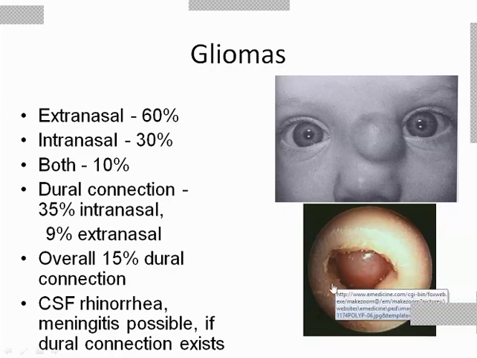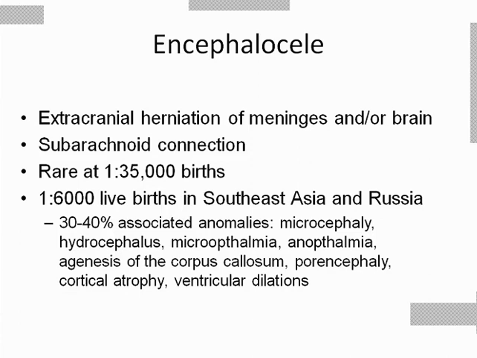Coming to the encephalocele. So encephaloceles are the extracranial herniation of the meninges with or without brain tissue. If only meninges are there, they are called meningoceles. Otherwise, they are known as meningoencephaloceles, if there is brain tissue along with the meninges.